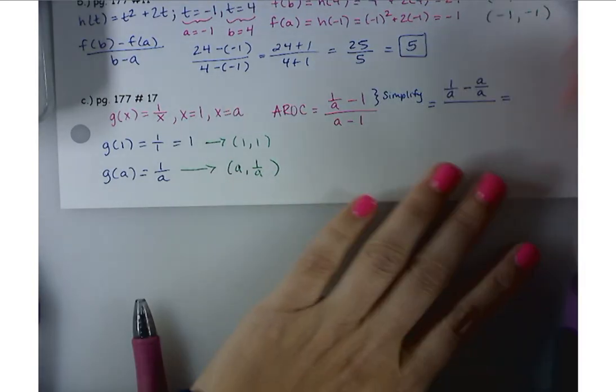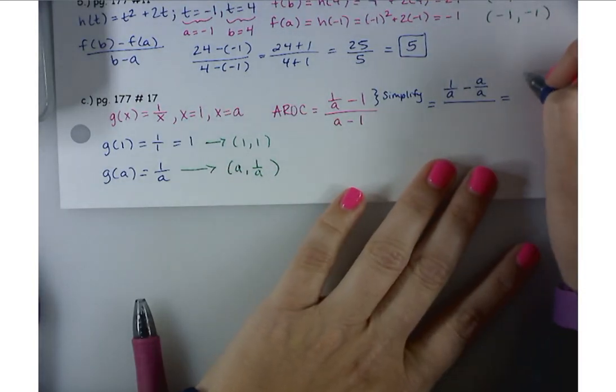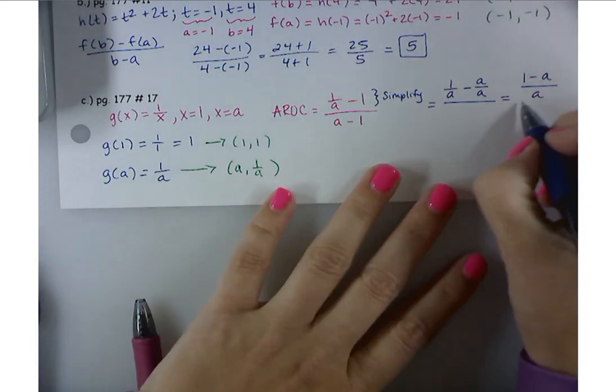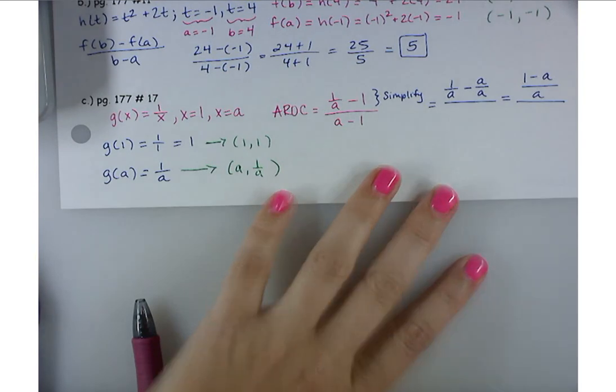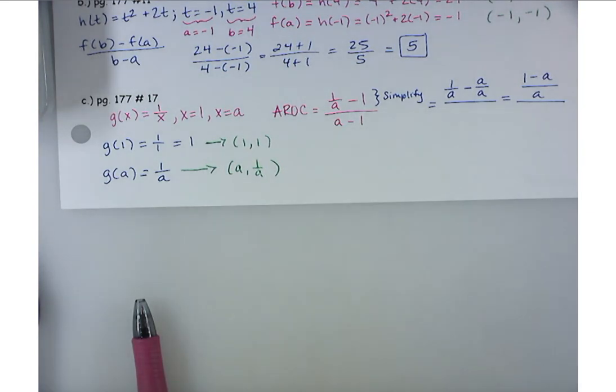You'd subtract, so it'd be 1 minus A over A. Good. How did you know it was 1 minus A and that you couldn't subtract them at all? Because they're not the same. They're not like terms, right? So 1 minus A is not 1A. You have to leave it as 1 minus A. And then, of course, all of that is over A minus 1.